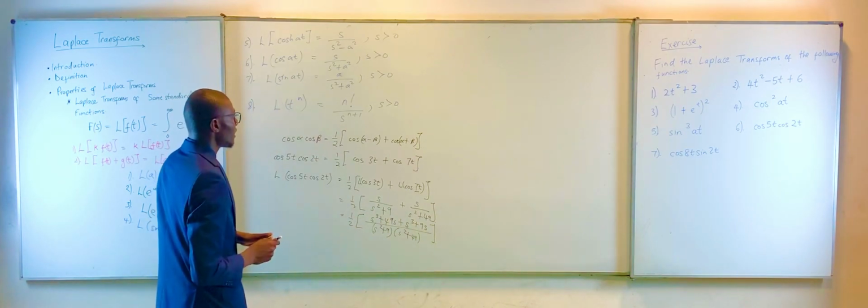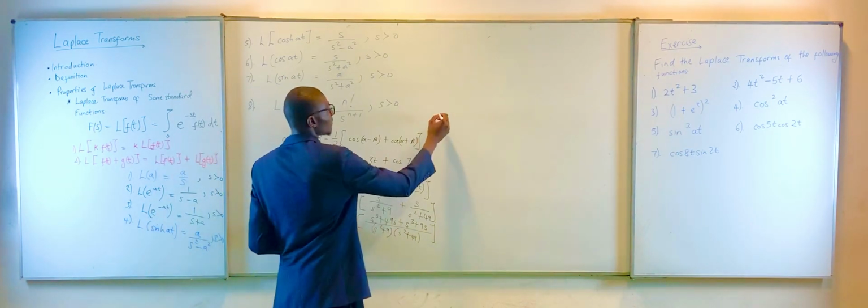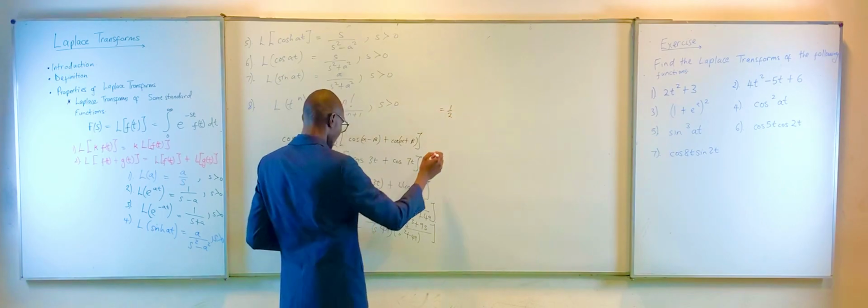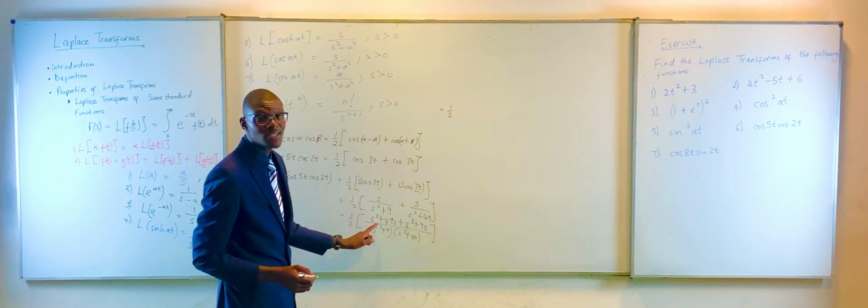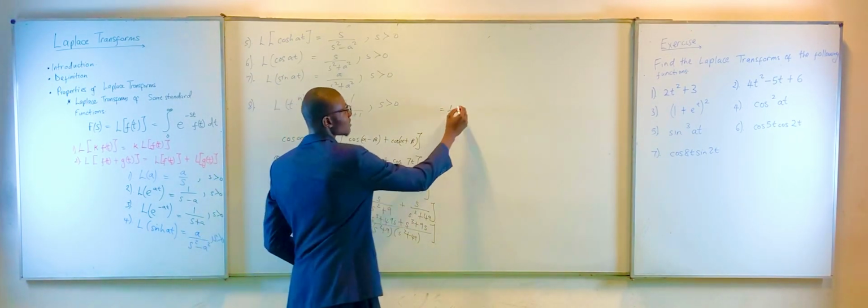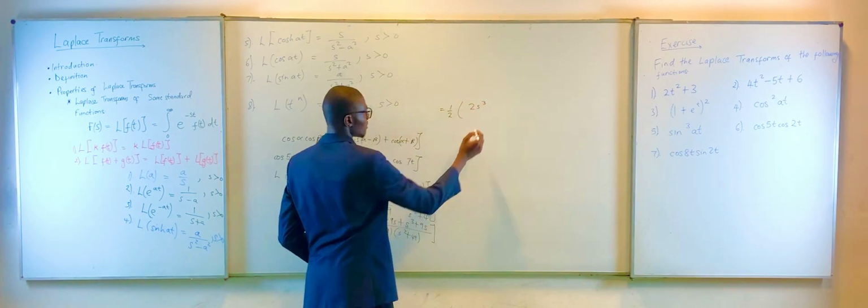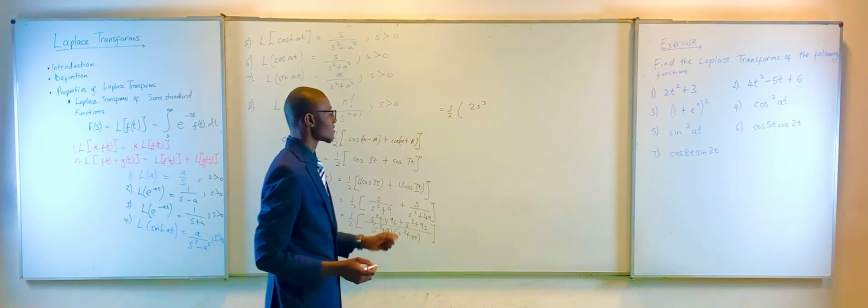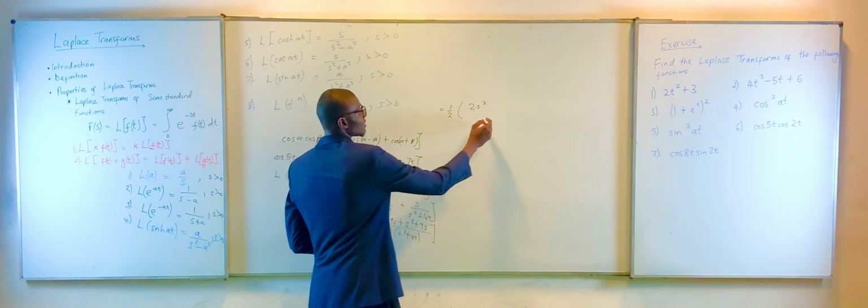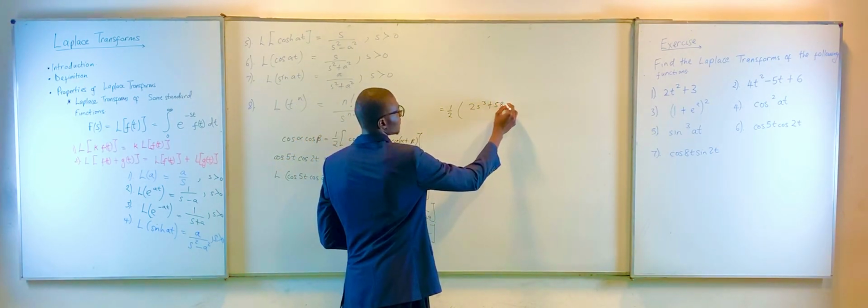Like this. Then if you further simplify, that will give us half of s cubed plus s cubed, that's 2s cubed, then 49s plus 9s, that's 58s.